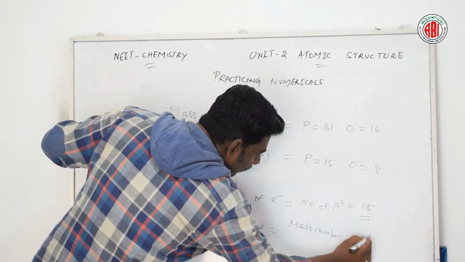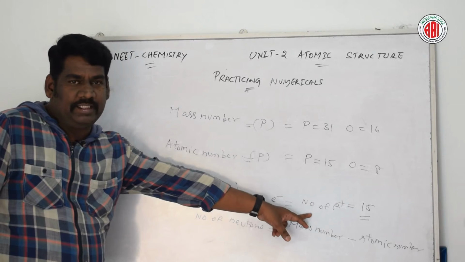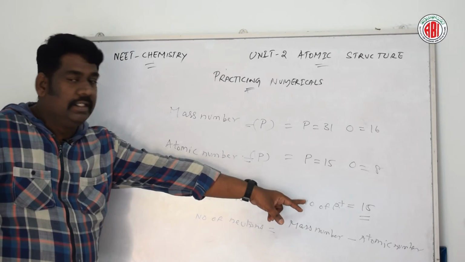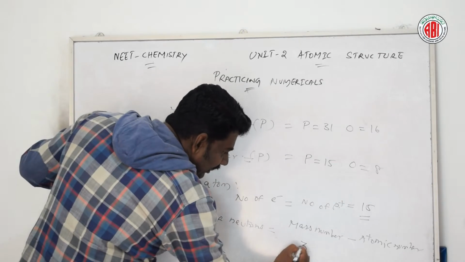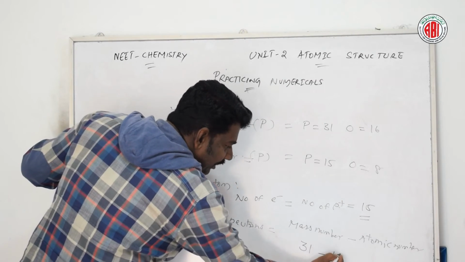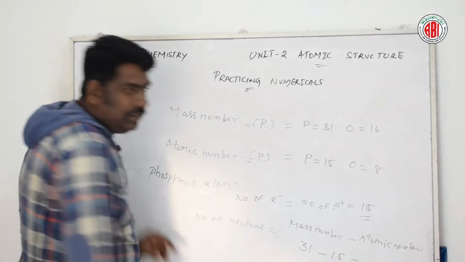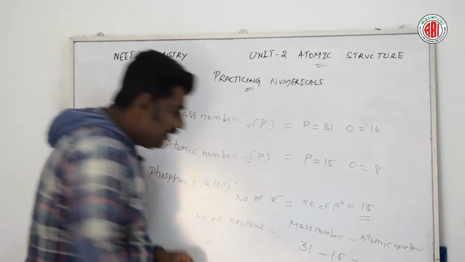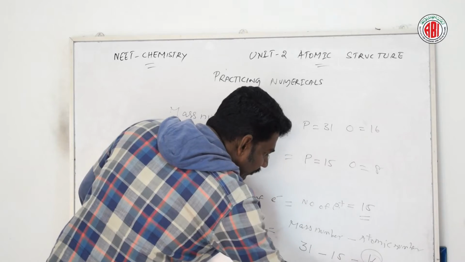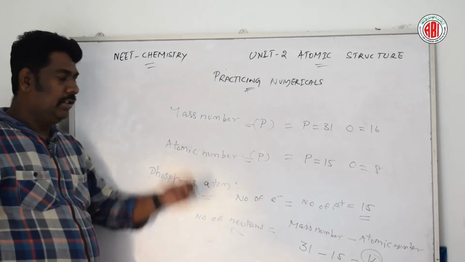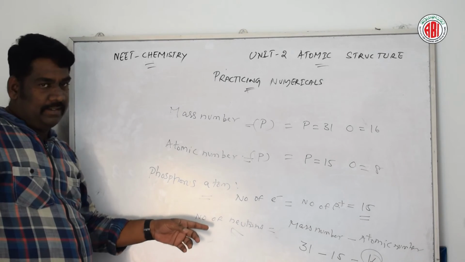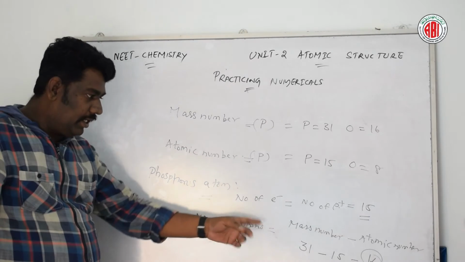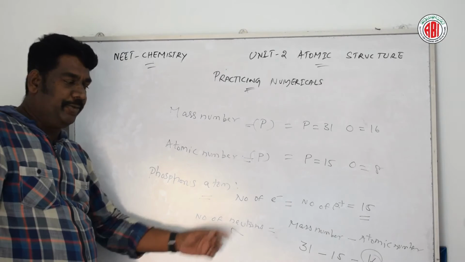Mass number is 31 minus atomic number 15, subtracting this we get 16. That is the number of neutrons. By this way we can solve for the phosphorus atom: number of protons, electrons and neutrons.